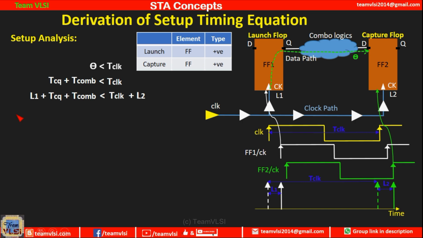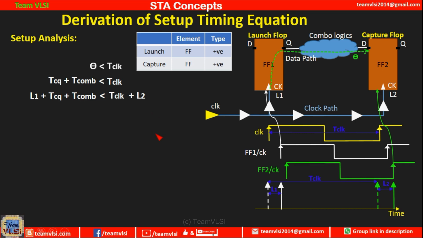So all three parts will be on the left hand side, and instead of the clock appearing after TCLK, it will take a further L2 latency to capture the data. So on the right hand side L2 will be added, right?